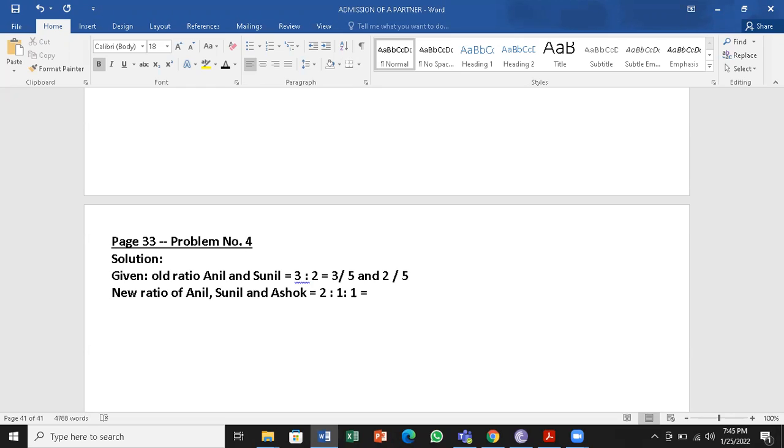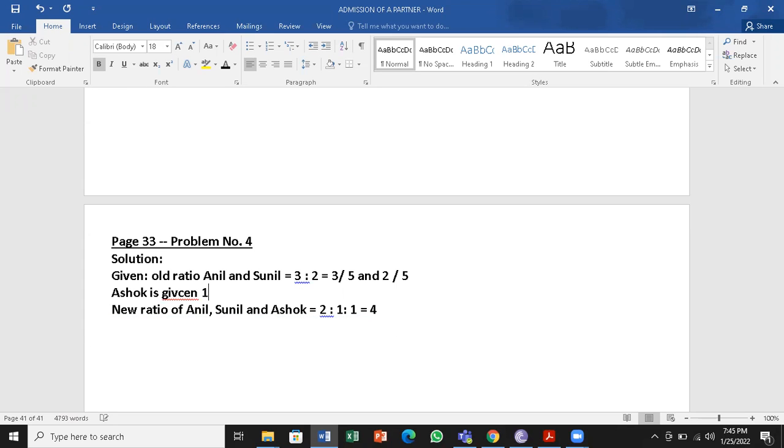That is equal to 4. How? Please remember, they have given 1/4 for the new partner, Ashok. They have given for others 2:1. So here it is 2/4 for one, 1/4 for the other person, Sunil. The new partner is 1/4.